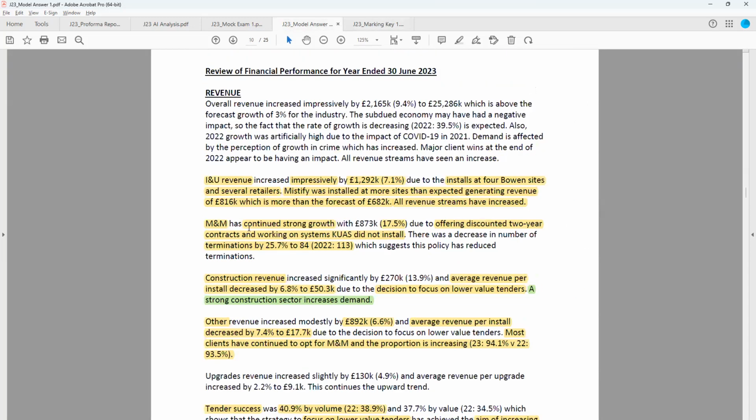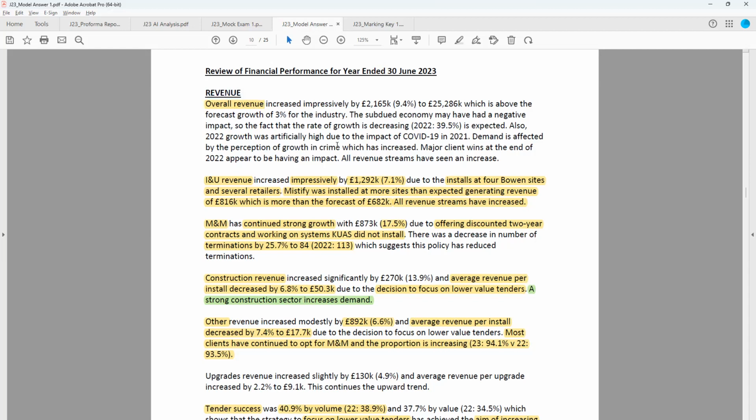So I certainly would do overall revenue first, but I just wanted to go through those first of all, because with overall revenue, because we're going to analyze each activity separately, we're not going to give a detailed reason why overall revenue went up. We're not going to say overall revenue went up and then say because of Boeing, because of Mystify, and all of these reasons, because we're using those reasons down here.